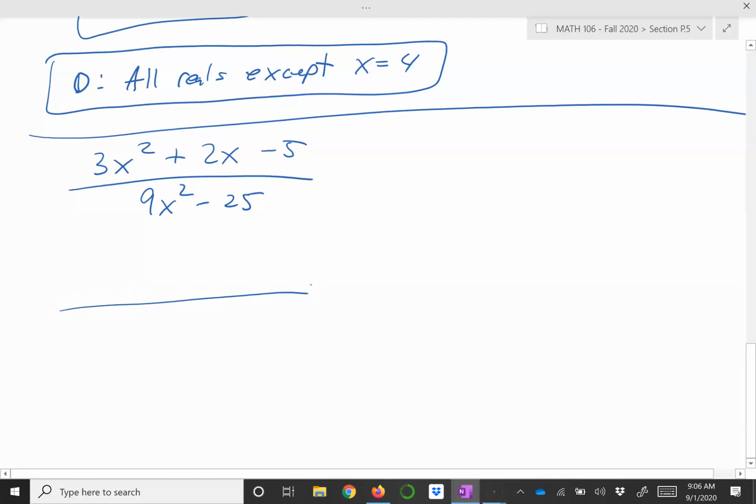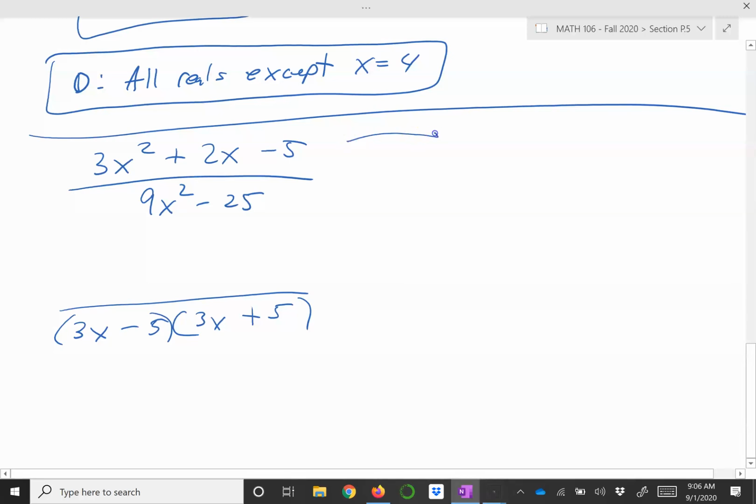Let's do the denominator first, because when you look at that denominator, what is it screaming out at you? Difference of squares, right? I think we might even have had that one in our homework. The square root of 9x squared would be 3x, so that goes out front. And then 25 is 5, and it doesn't matter which one you put plus or minus. So that one's done.